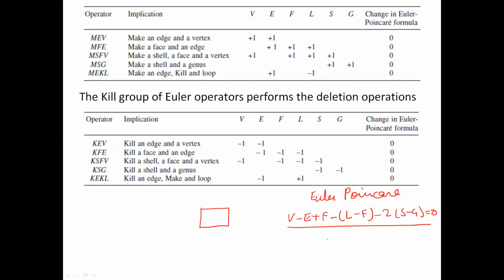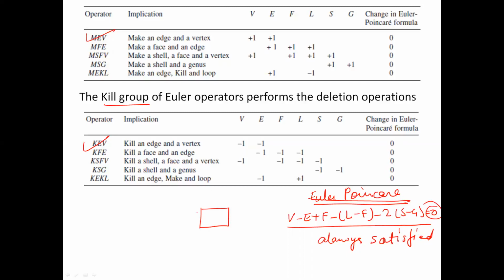This condition has to always be satisfied. Whatever action you do, you may make something or you may kill something, but at the end of the day, the Euler-Poincare formula value should remain constant. That is how you will work with this.